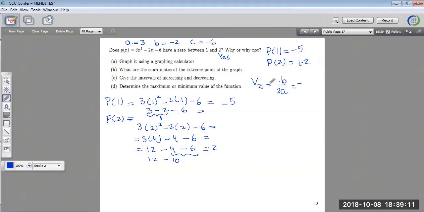So we get minus b, which is minus minus 2, divided by 2 times 3. So I get 2 over 6, which I could reduce, and that gives you 1/3. So the x position of the vertex is 1/3.